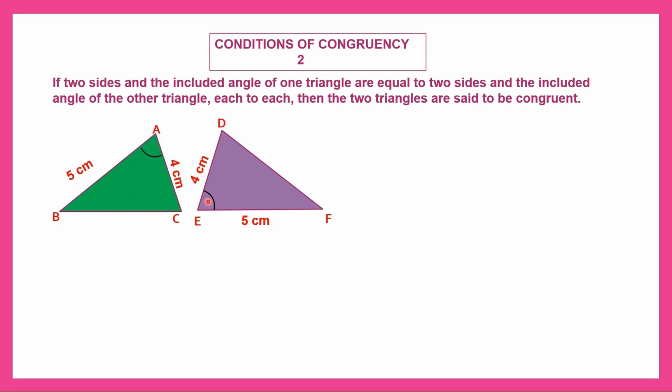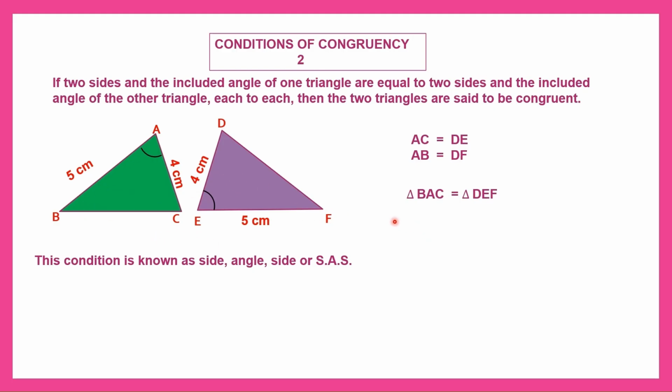This condition is known as side, angle, side, or SAS. Side, included angle, side. So this is known as SAS, the second condition. Here AC is equal to DE. Then AB is equal to DF.